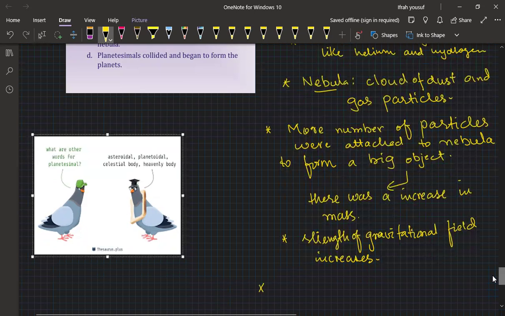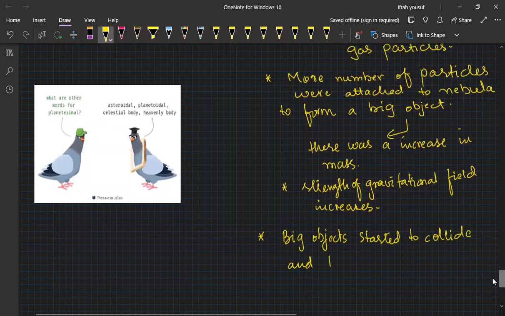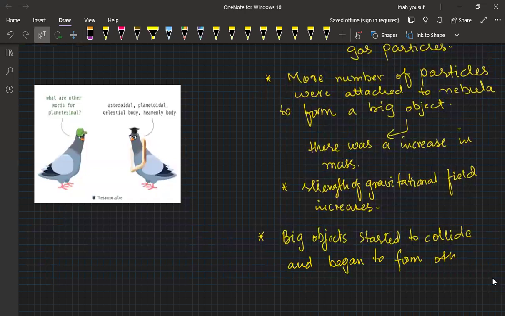The big rocks and big objects were formed, and then they started to collide and begin to form other objects. क्यों? क्योंकि जब आपस में कोलाइड करेंगे, yes, there could be destruction, and yes, new objects can also be formed due to the gravitational field of attraction. ठीक है, क्योंकि वो जोड़ेंगे टूटेंगे, जोड़ेंगे टूटेंगे, इस तरह हो रहा है.